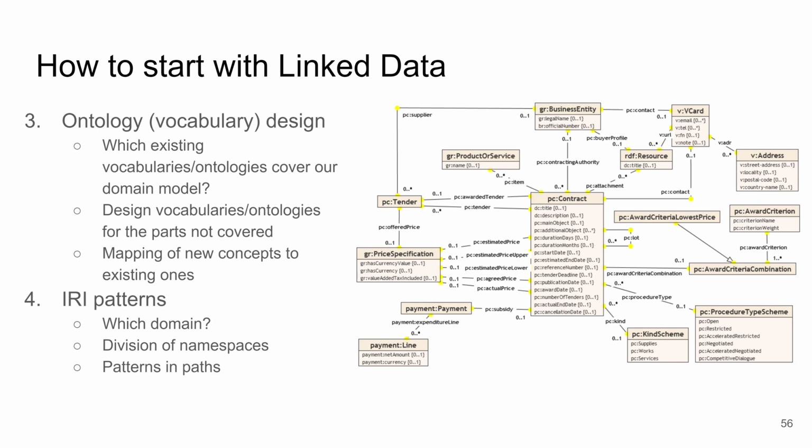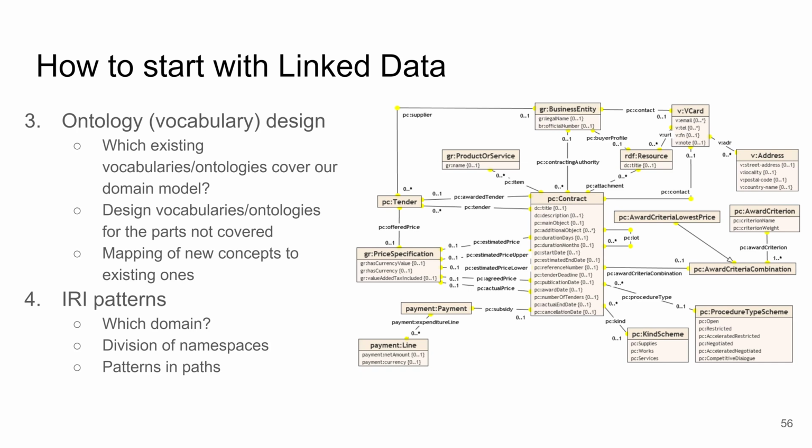When we have those two things thought through, we can adjust the UML class diagram like you can see now, where instead of the entities, we have classes with the URIs, and instead of properties or attributes, we have predicates we will use for those properties and also the links between the entities.